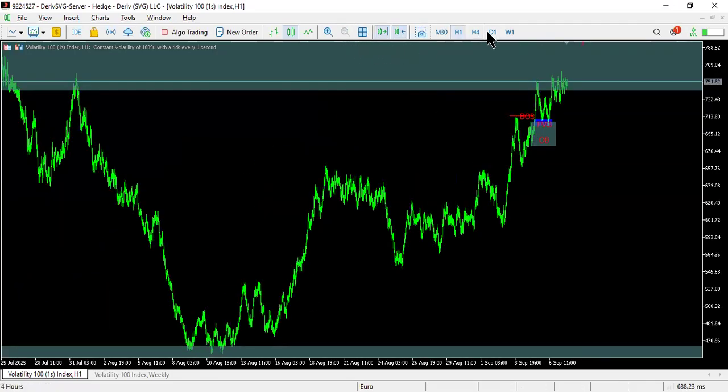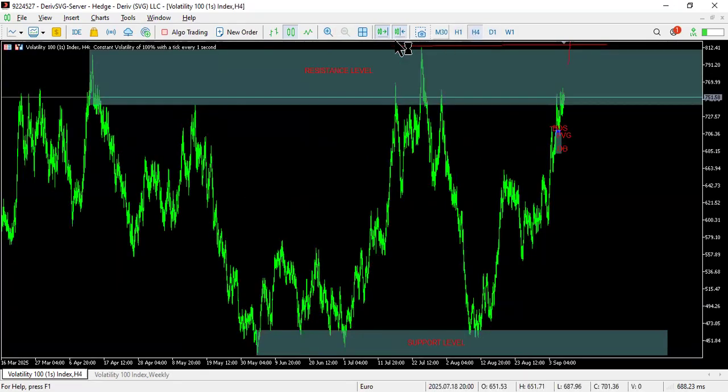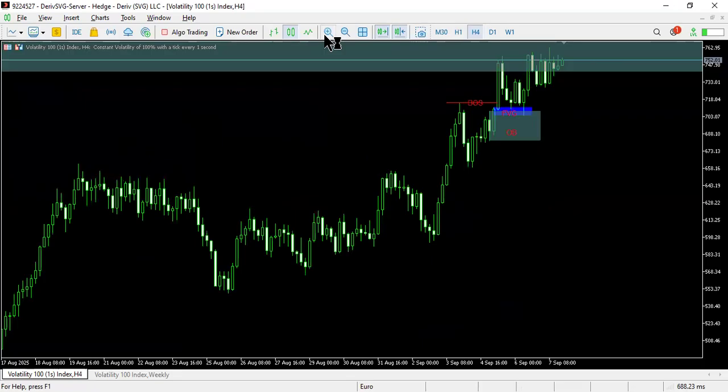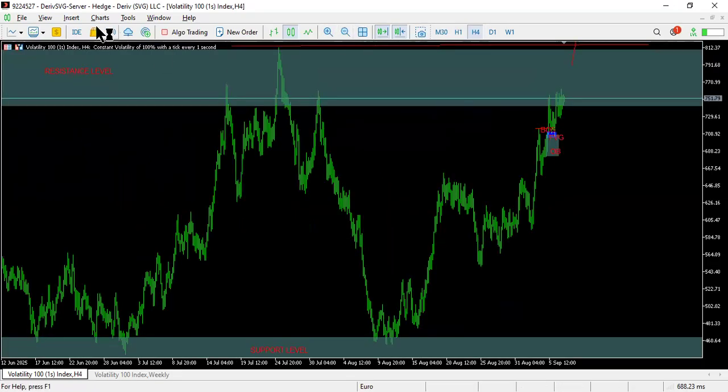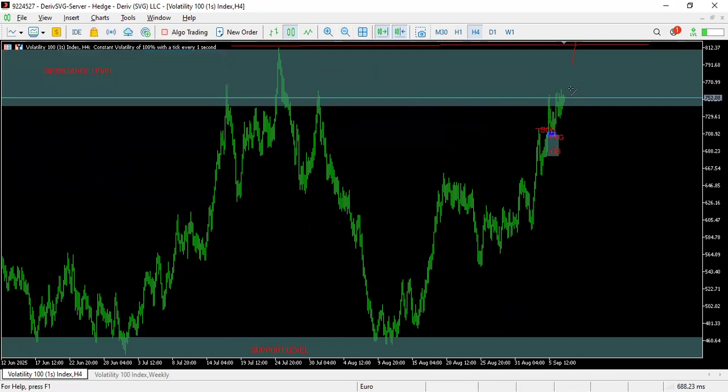So this is what I'm anticipating, looking from the daily time frame: a change of character at that resistance level, and then for price to come back down.